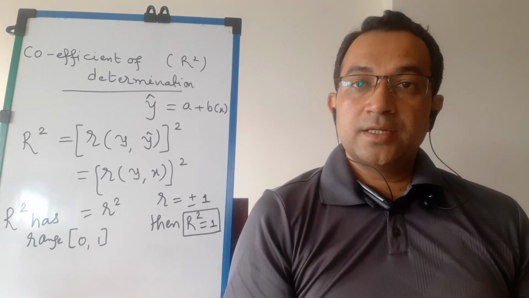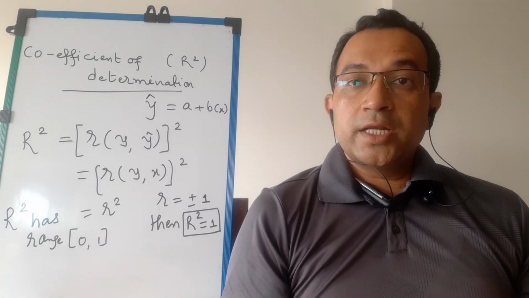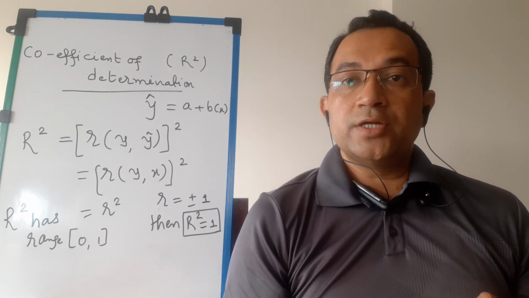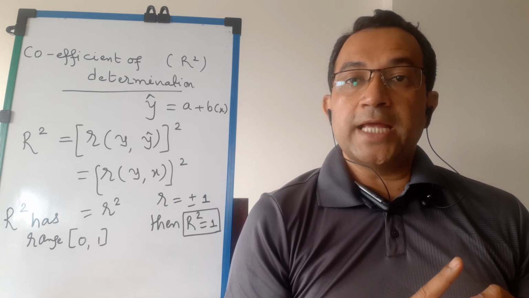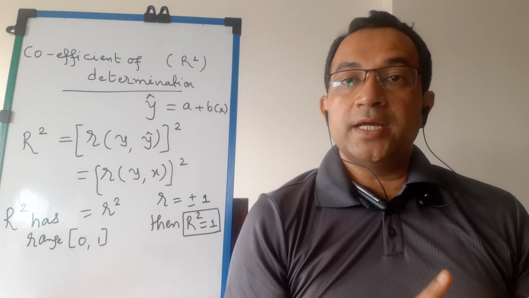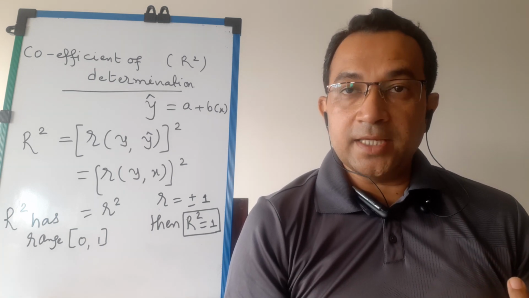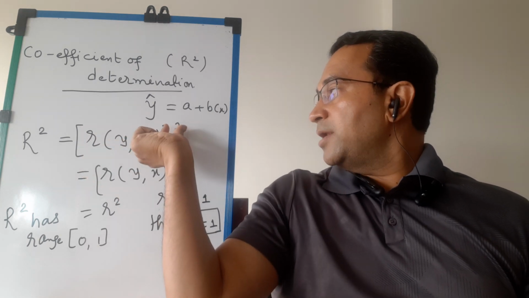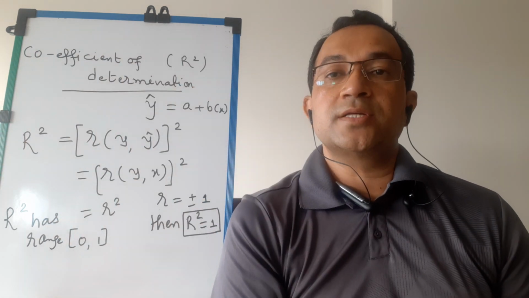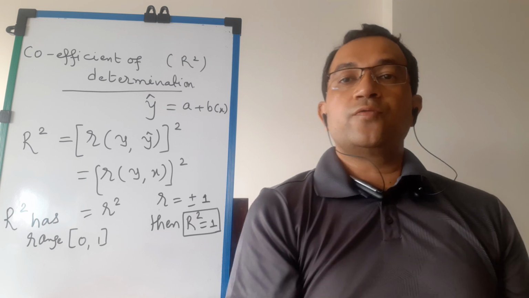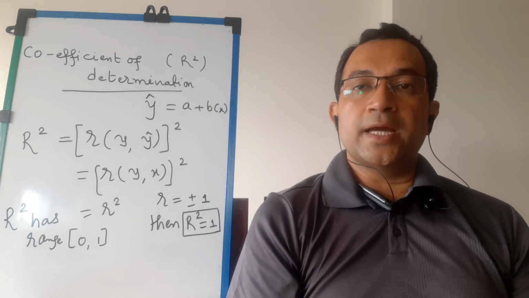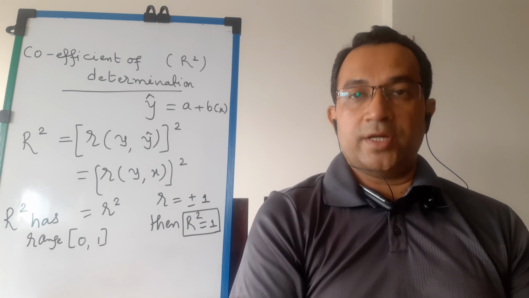We find correlation coefficient between exact value of y and estimated value of y, which is r between y and y cap, and square it. Then students, whatever answer I get, that is coefficient of determination, which is denoted by capital R square.